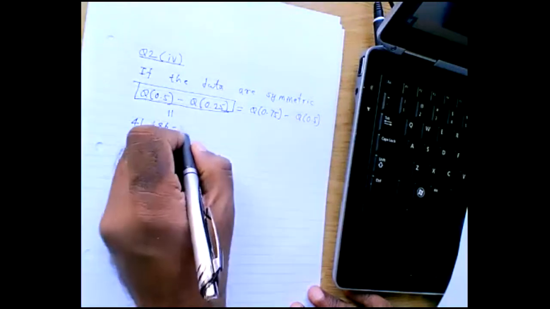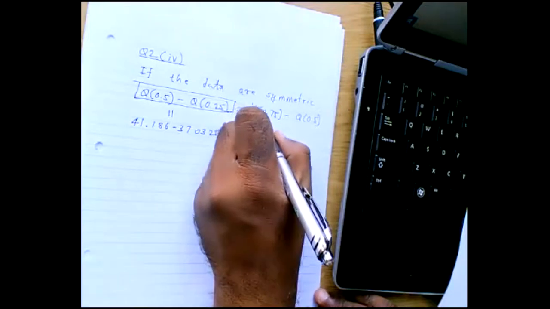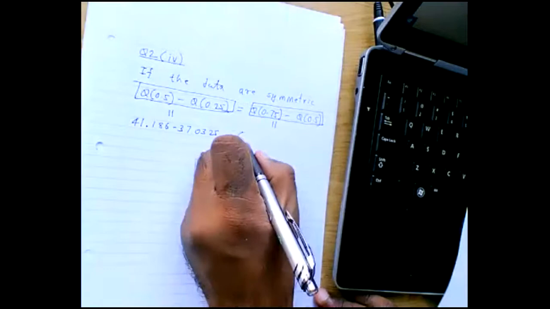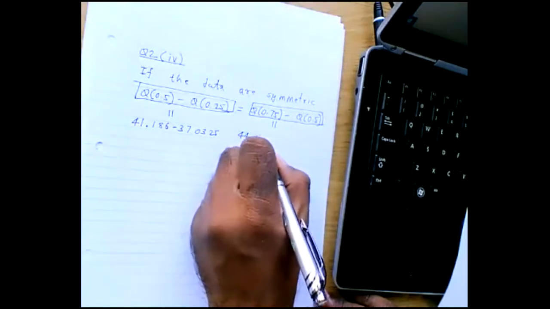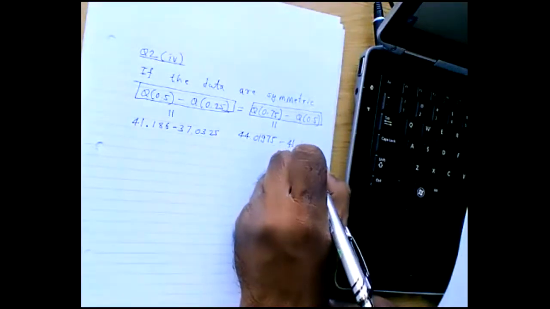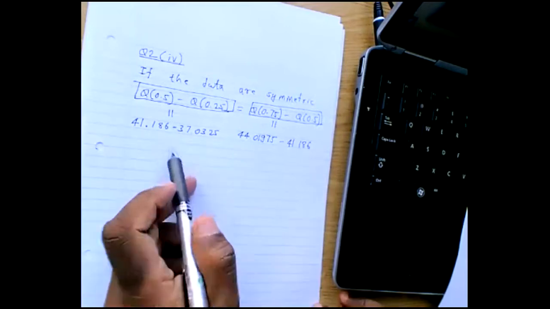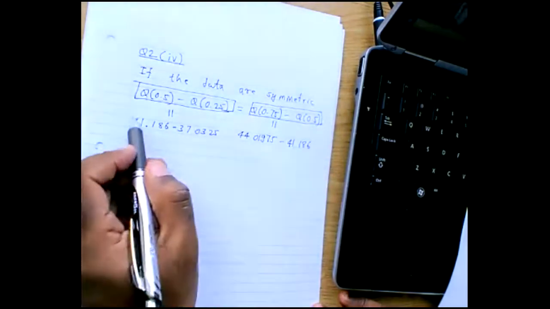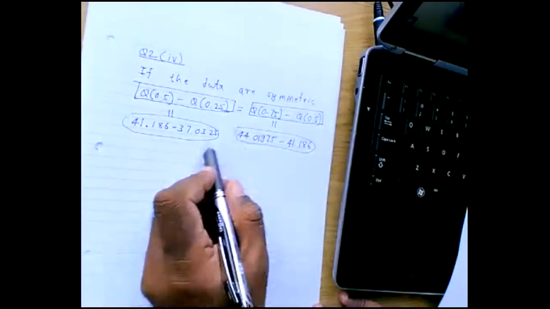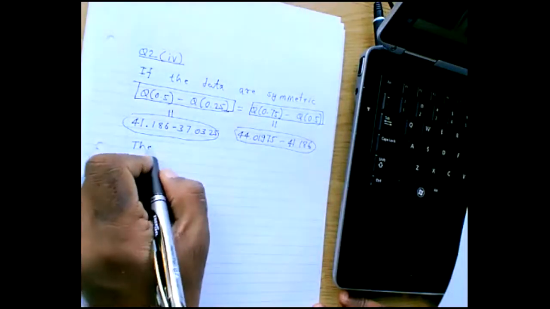If you compute this using what we just computed, this is equal to 41.186 minus 37.0325, and this is equal to 44.01975 minus 41.186. If you have a calculator, you can work this out and work this out. You will see that they are approximately equal.